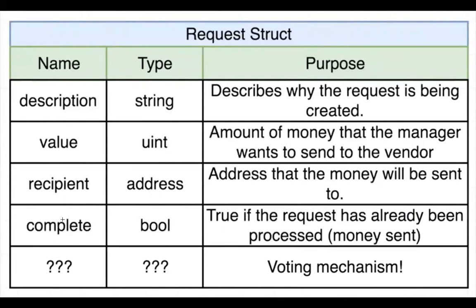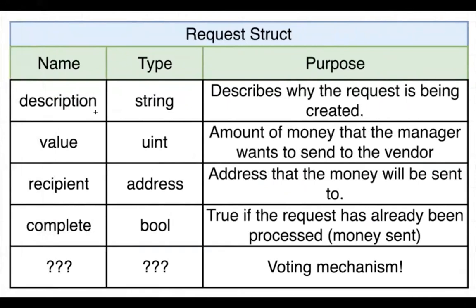So let's talk about each field and why I'm using them. So description is to explain to contributors why the money is being spent. A manager might give a request a description of pay a vendor for shipping or battery casings.